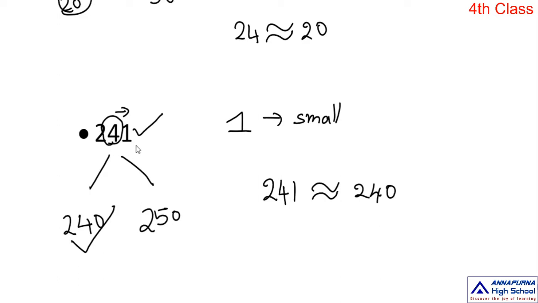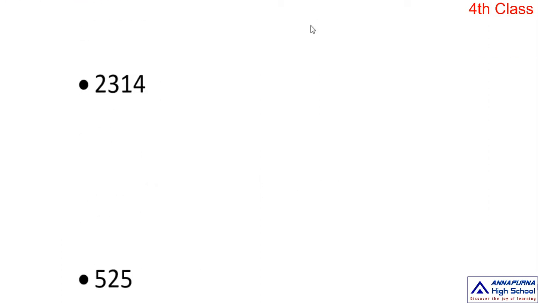Okay children, let's move to the next sum. So what is this number? 2314. Okay children, so which number is in the tens place? 1 is in the tens place, 4 in the ones place, 1 in the tens place, 3 in the hundreds place, 2 in the thousands place.